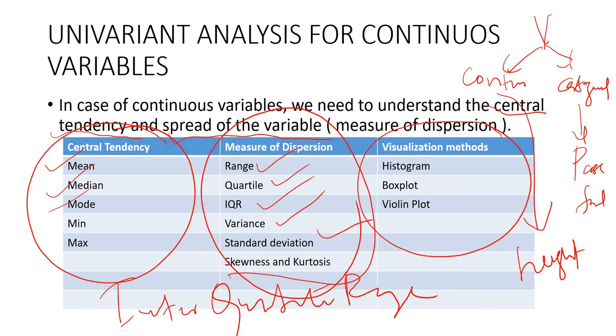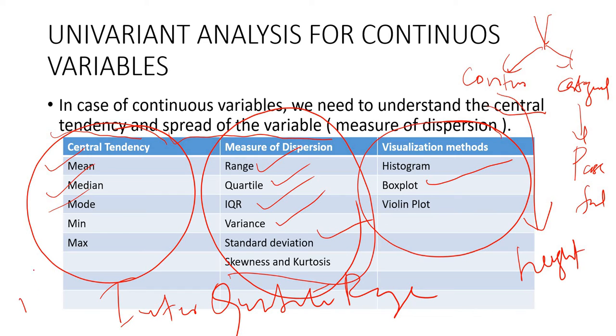Visualization methods include histogram, box plot, violin plot. We have a separate video for box plot. That is for the detection of outliers. We use a box plot. You can see how we detect outliers in feature engineering. There we use a box plot, also known as a whisker plot.